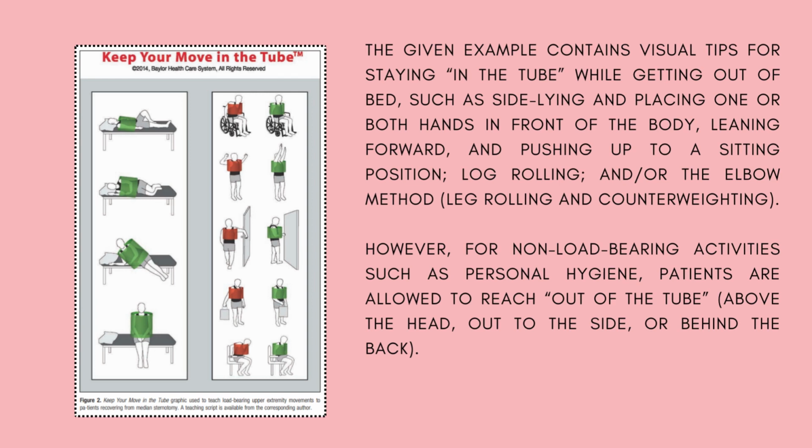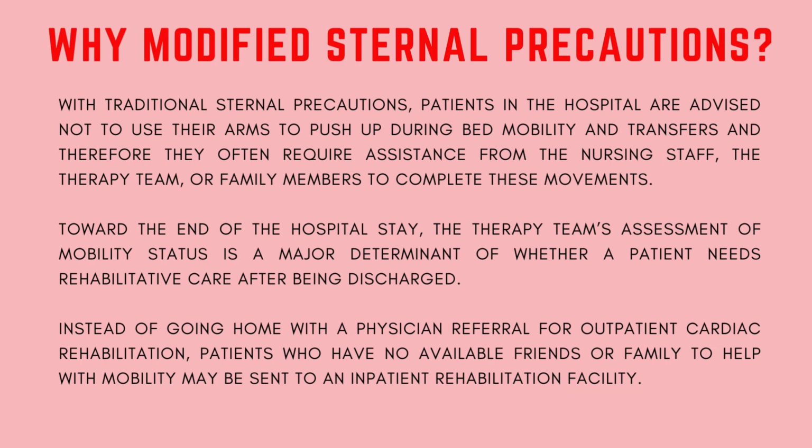So if you are performing activities that are going to be using your arms to push through, you keep your arms close to your body. If it is activities that do not require force through your arms, such as washing your hair, unloaded arm movements can be done depending on the patient's pain levels.